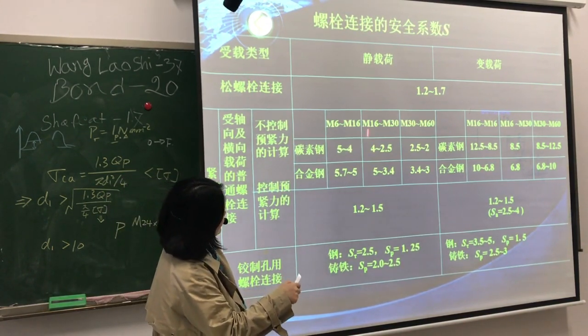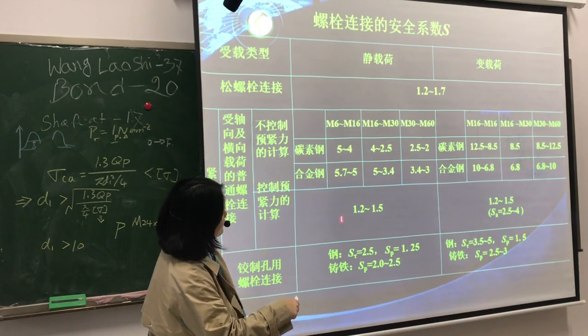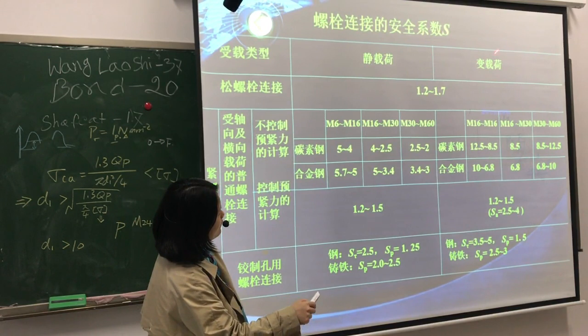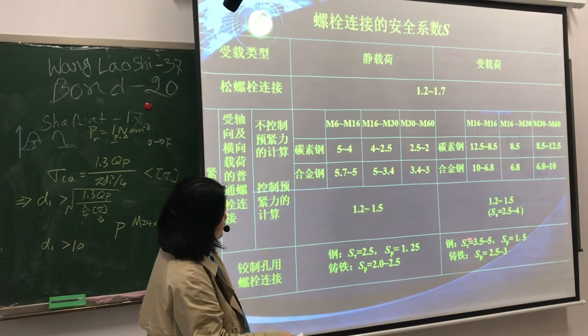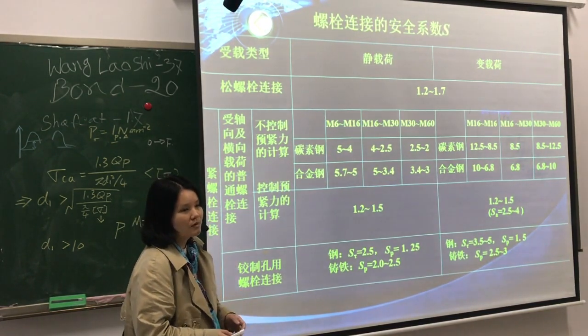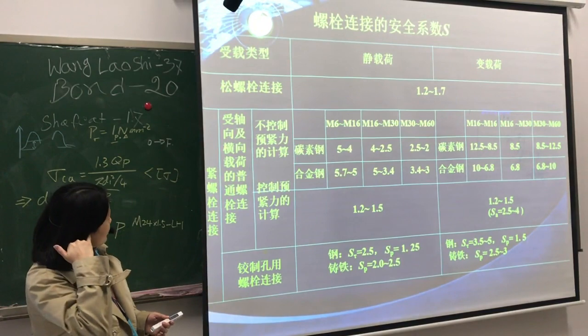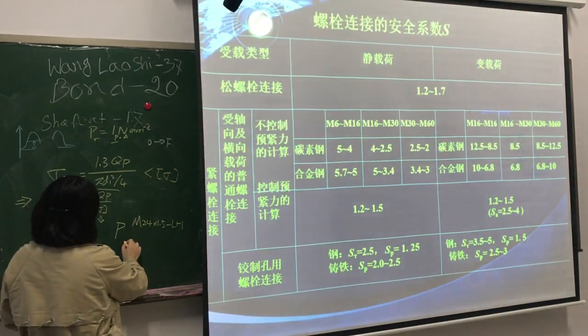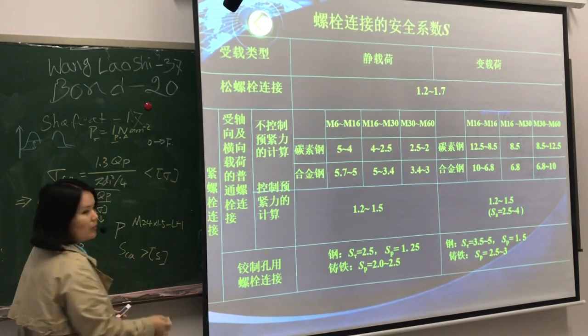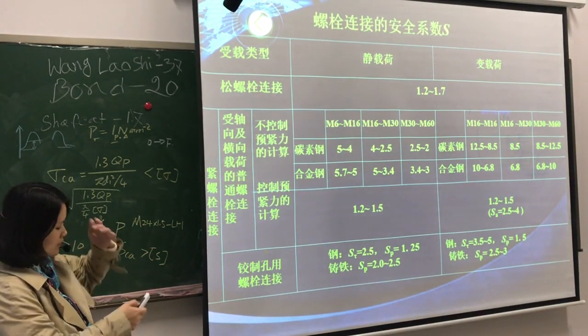And this is for static axial force, and this is for fluctuating stress. We can choose the value of S. The S is the allowable stress. So we calculate that sigma CA should be less than the allowable stress.